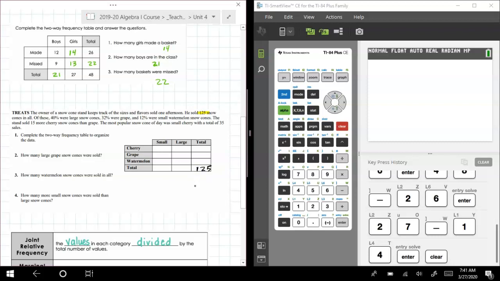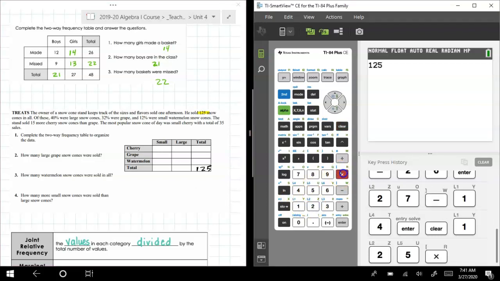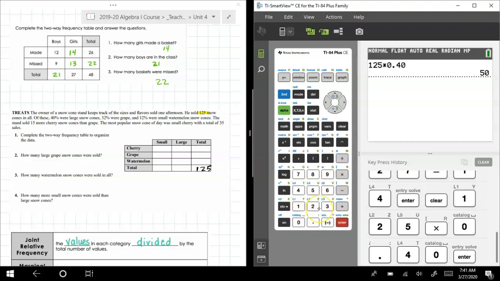Of these, 40% were large snow cones. 40% of 125 is 50. So I know there were 50 large snow cones.